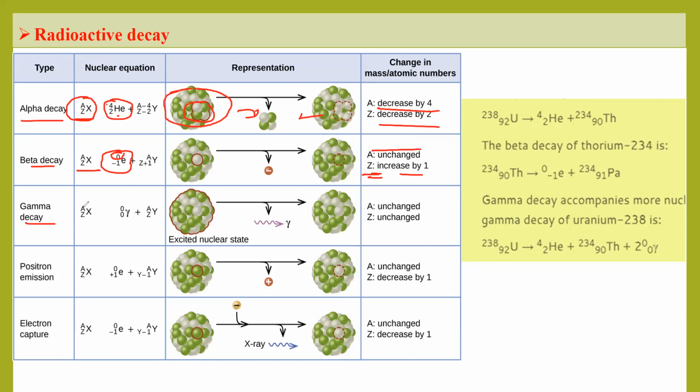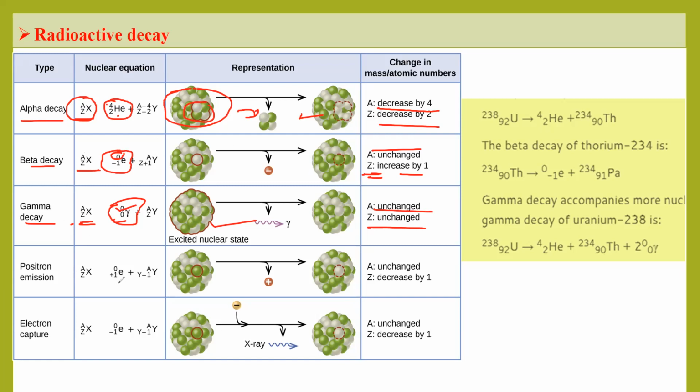Now gamma decay. When a nucleus undergoes gamma decay, we know that gamma is 0, which means there is no change in proton number or atomic number, and no change in mass number, so it remains unchanged. So A unchanged, Z unchanged. Now positron emission, which is also a subatomic particle.